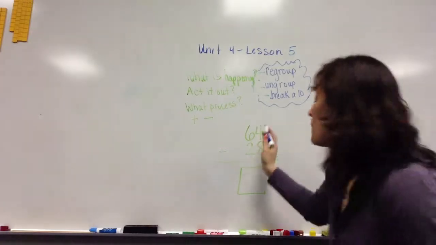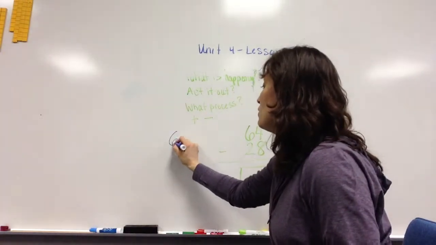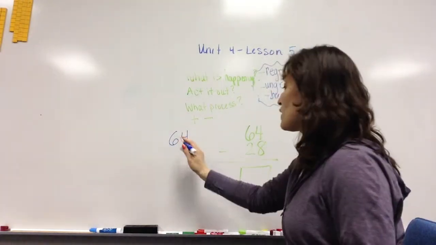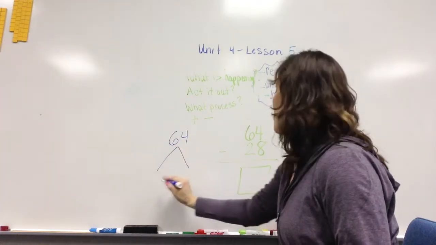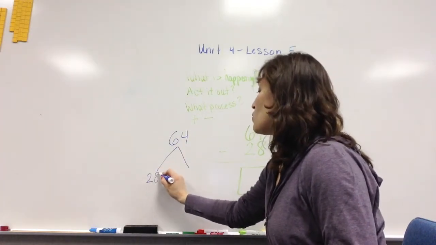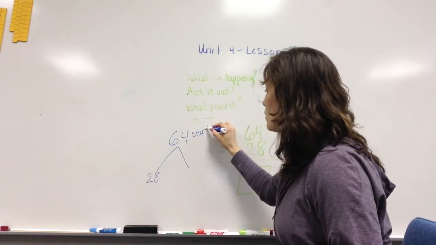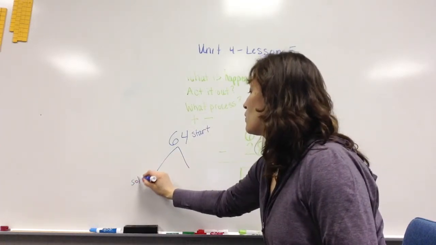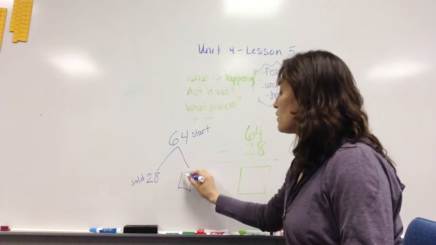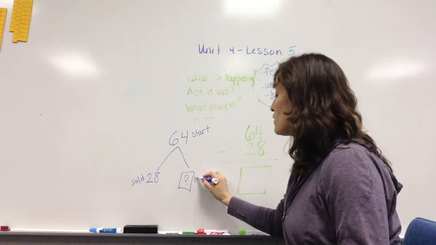Another way to draw a picture of it would be to do a math mountain. 64 tomatoes to start with. 28 were sold. This is how many are left.